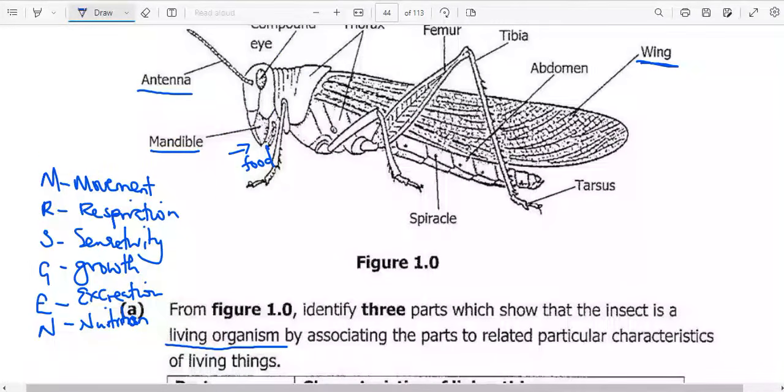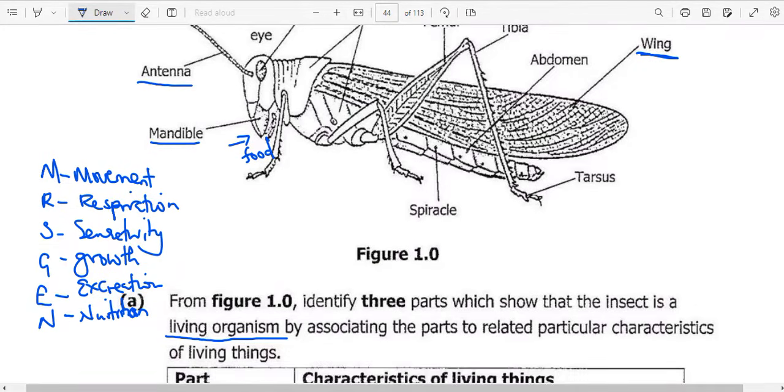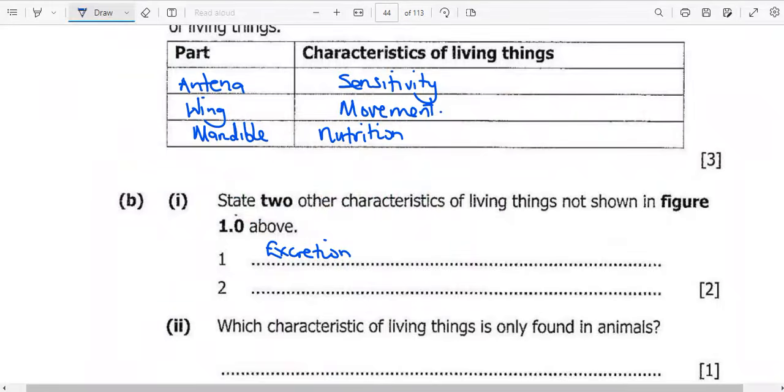We know at some point this insect had to grow, and apart from that, we've seen sensitivity. Now respiration, we haven't seen it, so it is not included here, but it is one of the characteristics of living organisms. So we have respiration.